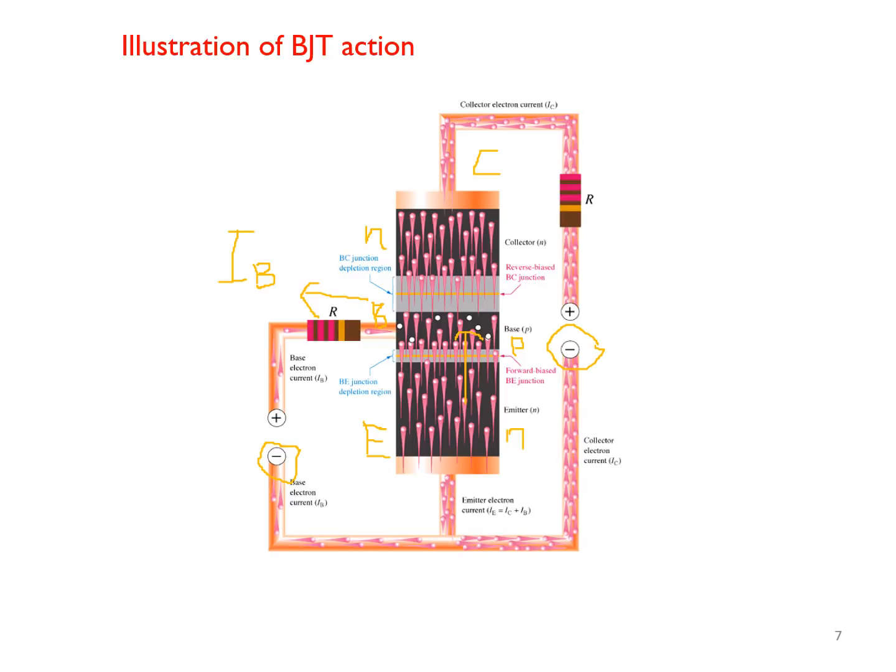And most electrons will diffuse into the BC junction, base collector depletion region, forming a collector current IC, which is larger than base current. So IC is greater than IB.